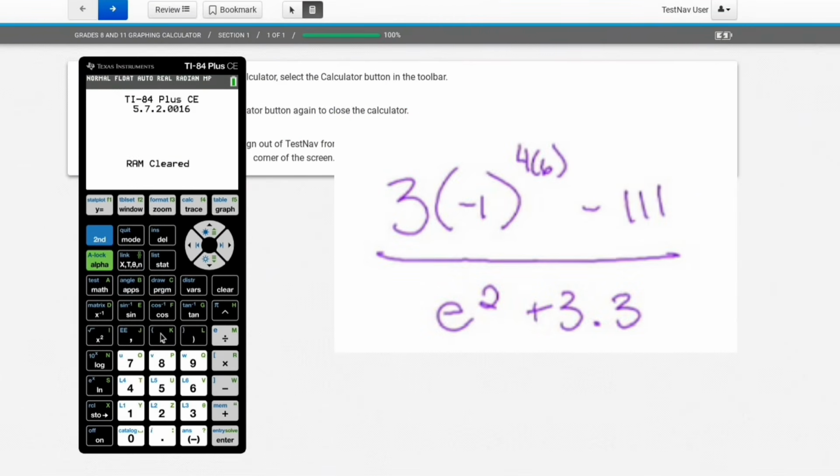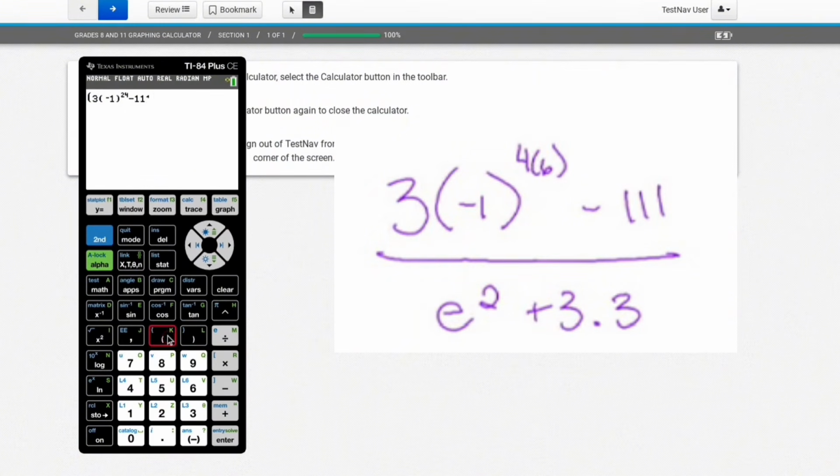All right, so just like I said before, I'm paranoid about fractions, so let's put a parentheses there. 3 parentheses -1 to the 4 times 6, so I'm just going to put 24 because I don't want to risk screwing something up. Minus 111. Close that parentheses.